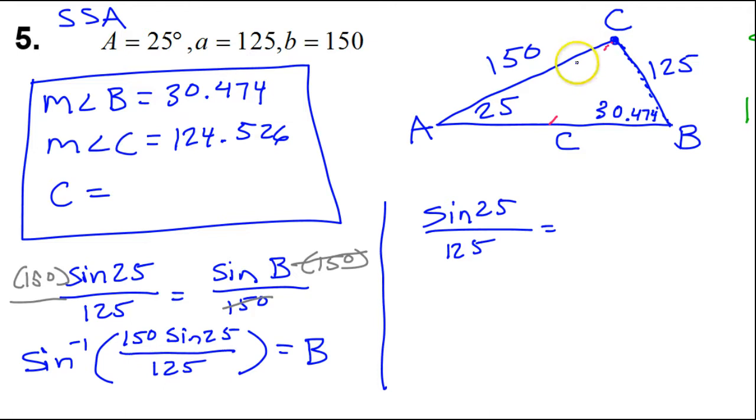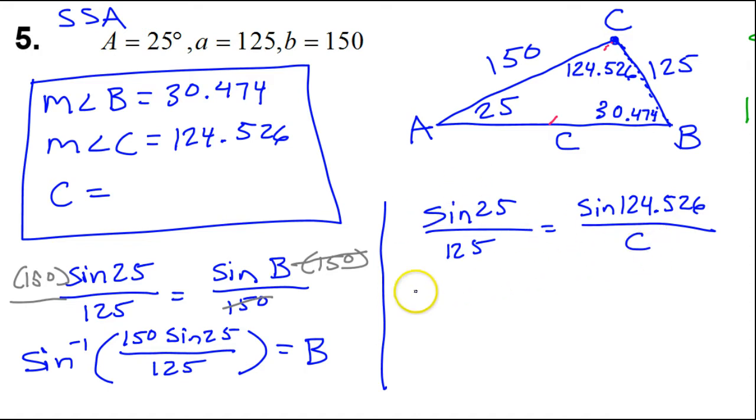Okay, so we know that angle C now is 124.526. So I can do sine 124.526 over C.